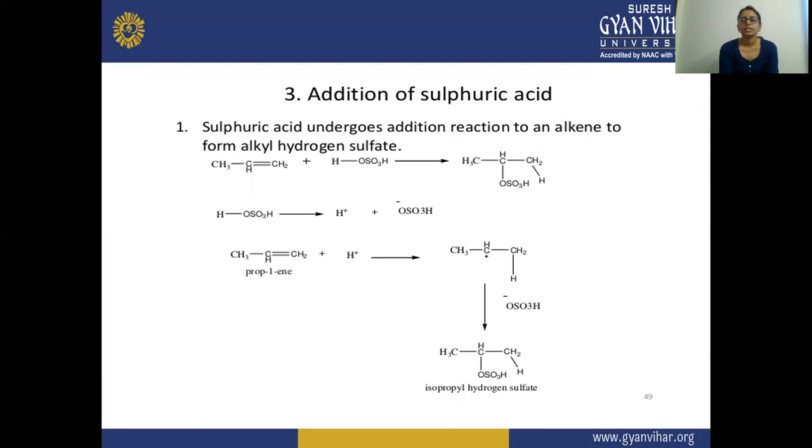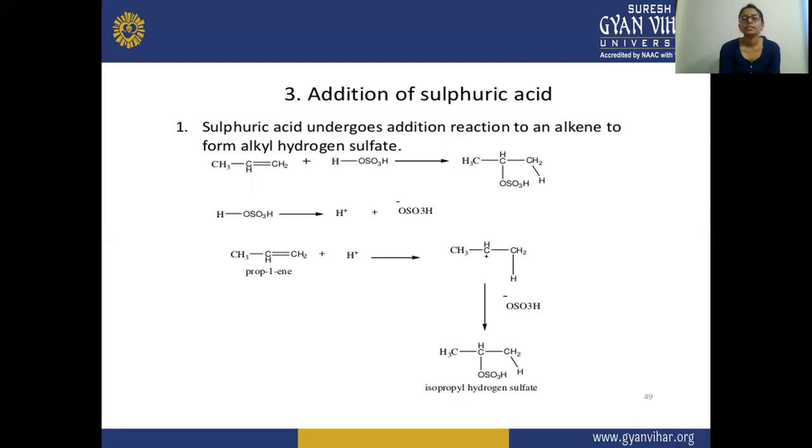The product we get here is alkyl hydrogen sulfate. So in this, you can see CH3CH double bond CH2 plus HOSO3H, and here CH3. Here this OSO3H will attack the second position of the carbon atom, and this H will attack the first position of the carbon atom.